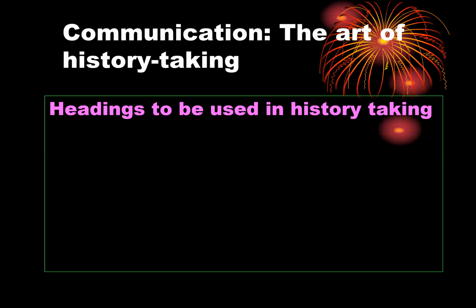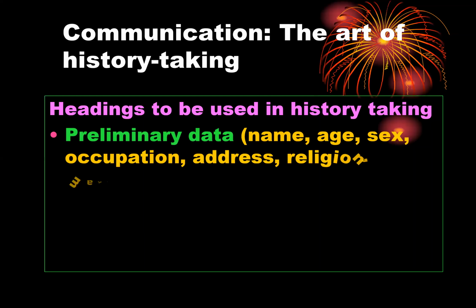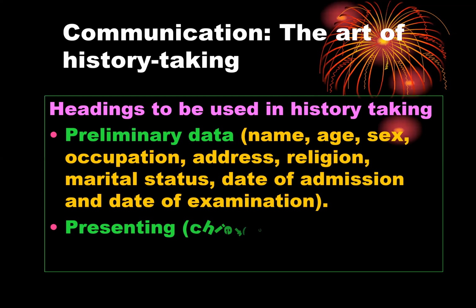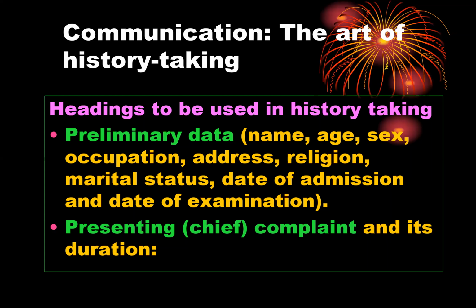Headings to be used in history taking. Preliminary data, that is the name, age, sex, occupation, address, religion, marital status, date of admission, and date of examination. Presenting, that is chief complaint and its duration.